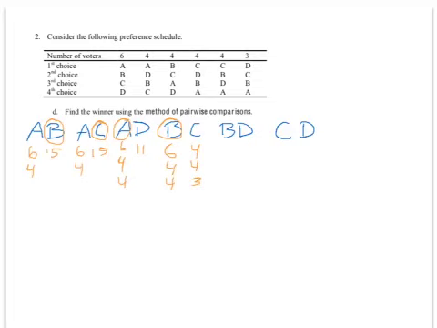Okay, so now I'm going to look at B against D. B gets the first column of voters. The second column of voters is going to go to D. The third column of voters goes to B. The fourth column is going to go to D. The fifth column goes to B. And the sixth column goes to D. So again, B is going to win 14 to 11.